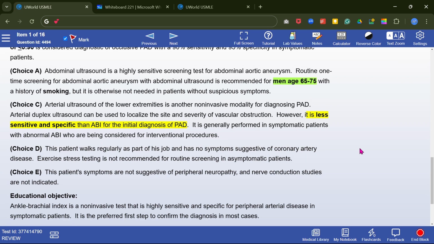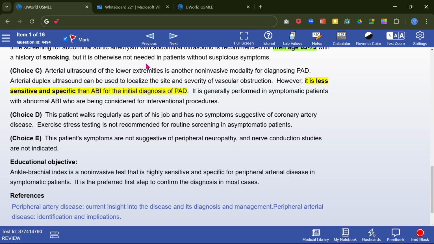It is generally performed in symptomatic patients with an abnormal ankle brachial index who are being considered for an interventional procedure. So when we are thinking about an interventional procedure, that time we will do the arterial ultrasound. Okay, other options are not that important. So the ankle brachial index is a very high-yield test.